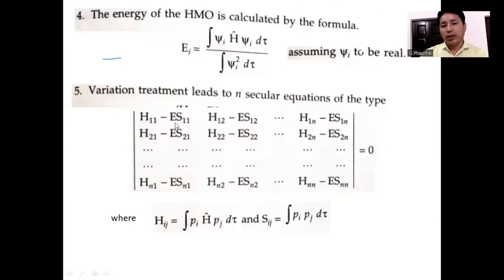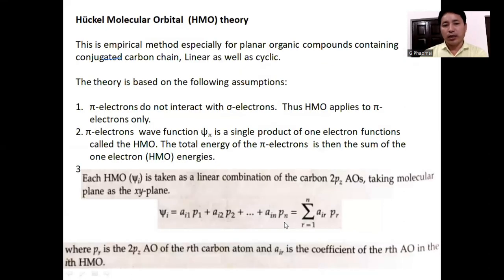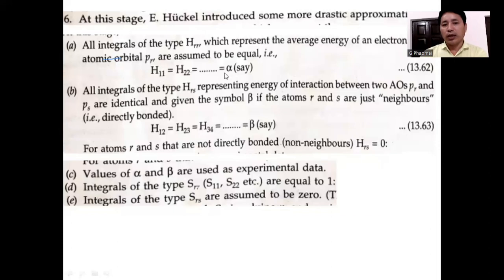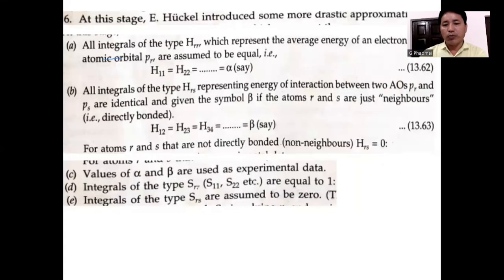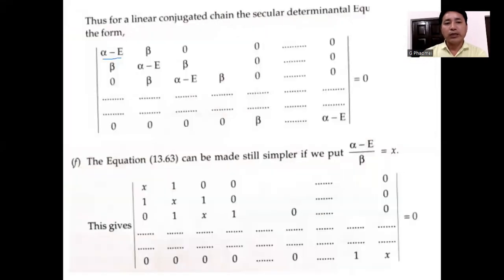So from this, if you take this one as alpha, as we say here, and if it is different, it is beta. So you put these values in this secular determinant. This one will be alpha, this one will be beta, and this one will be 0. Therefore, if you put these values, we get these secular equations as given here.